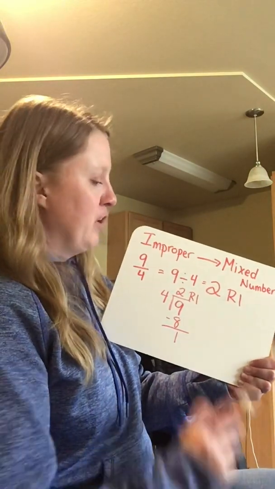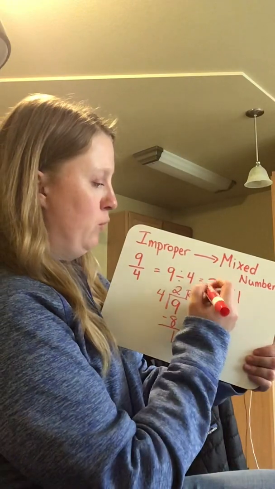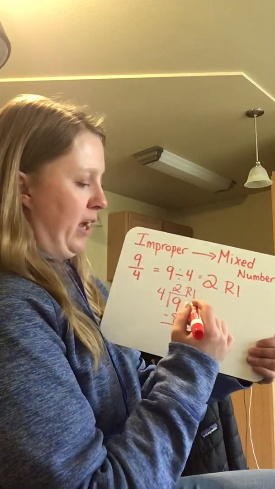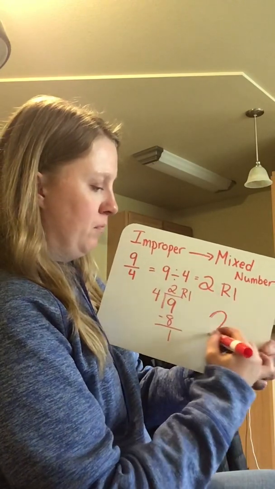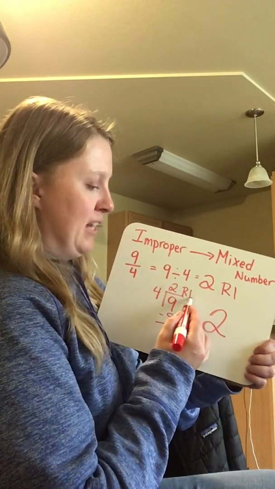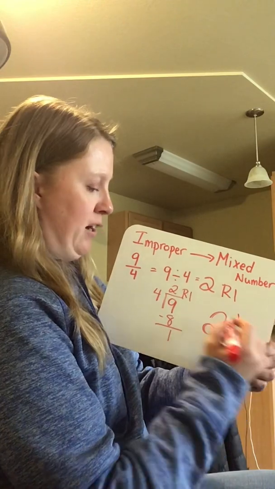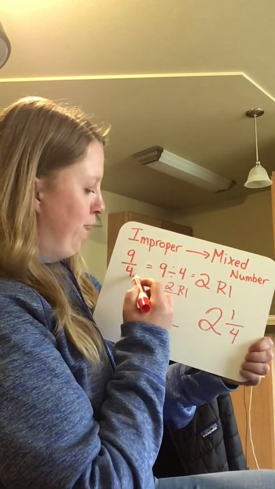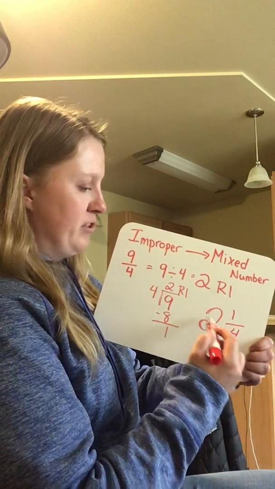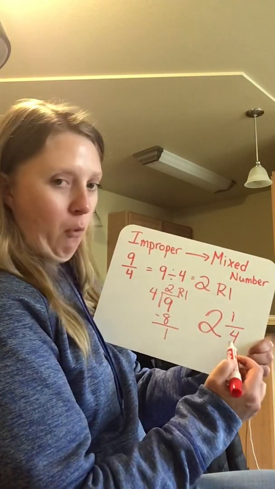Here is what you then do with this answer, 2 remainder 1, to make the mixed number. You have 2 wholes. The remainder becomes your numerator, and then you just keep the same denominator. So 9/4 equals 2 1/4.